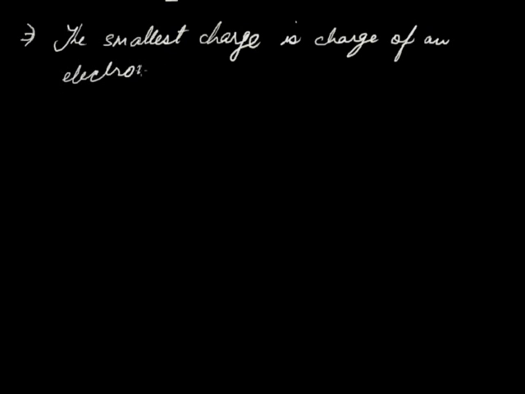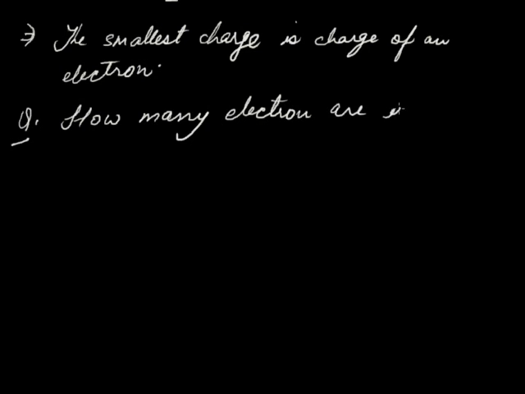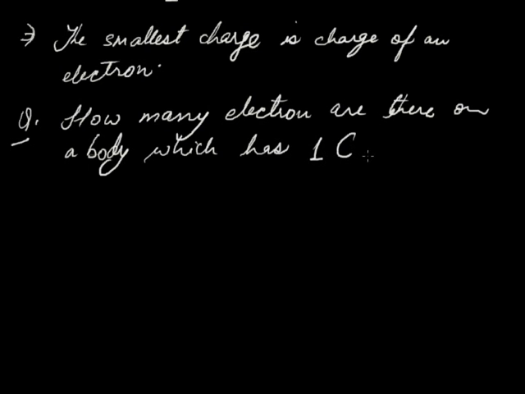So we can do a little exercise now. It is a small numerical, and it asks how many electrons are there on a body which has 1 coulomb charge of negative polarity.